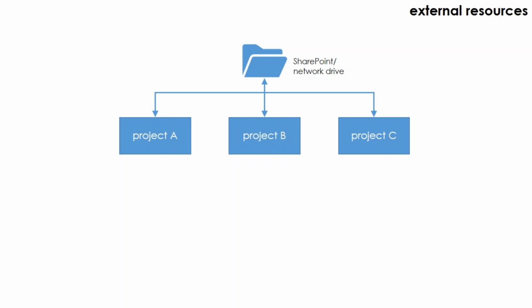One thing to keep in mind with an external resource, you can see the arrow does go both ways. Typically, when we're sharing files as an external resource, we want to bring them into our project and just reuse them. In other words, somebody else owns it. I'm just using it. I'm not going to change it. But we could take advantage of this. We could change it if we want to.